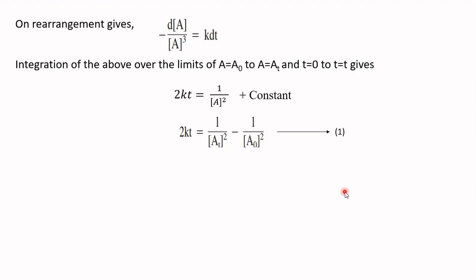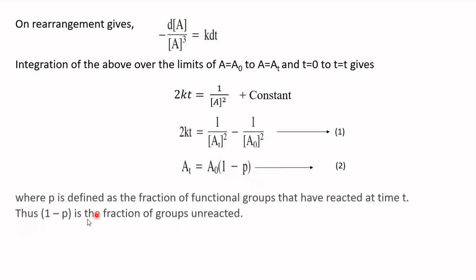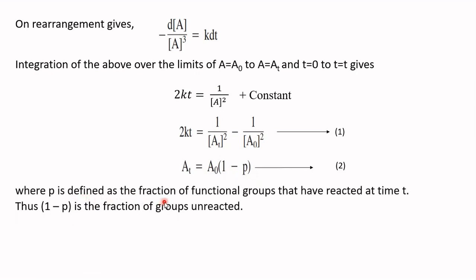It is convenient to express this equation in terms of the extent of reaction. So it is like this. At is equal to A naught into 1 minus p, where p is defined as the fraction of functional groups that have reacted at time t. Thus 1 minus p is the fraction of groups unreacted.